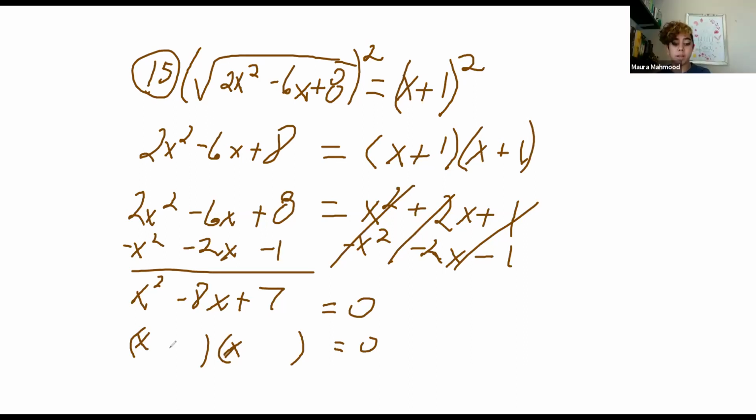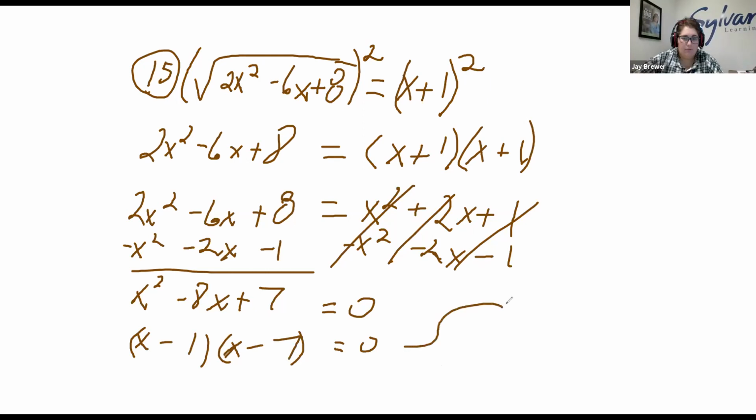X minus 7 and x minus 1. There you go. Okay. If we solve for those, we end up getting x equal to 1 or x equal to 7.